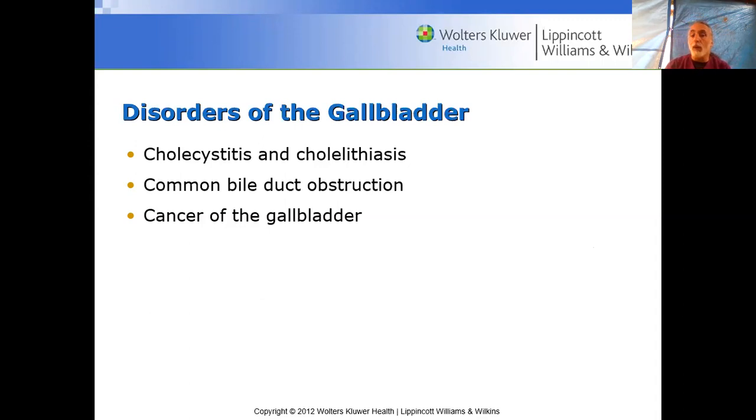Gallbladder. Cholecystitis, so inflammation of the gallbladder, or cholelithiasis, litho, stone, gallstones, which can cause an obstruction to the common bile duct, or the common bile duct may be obstructed by other things. So the gallbladder contains bile.